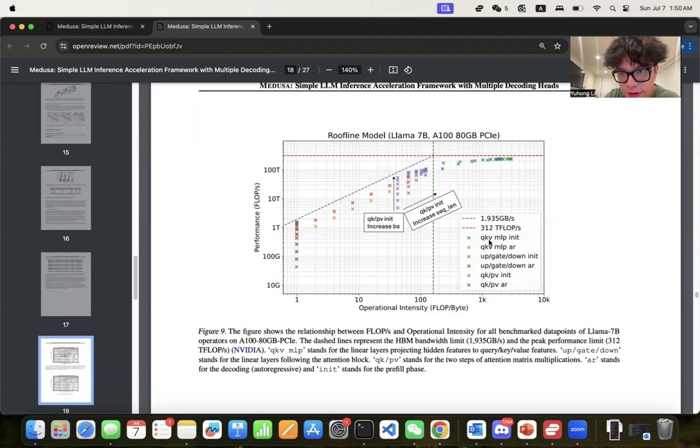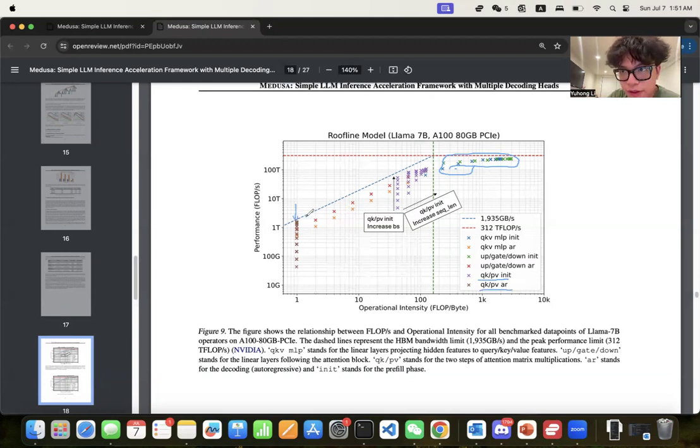You can see here QKV, MLP initialization, up, gate, down initialization. They are here, which means they are computation bound. But for the QK-PV init, this is the attention QKPV, they're here, right?